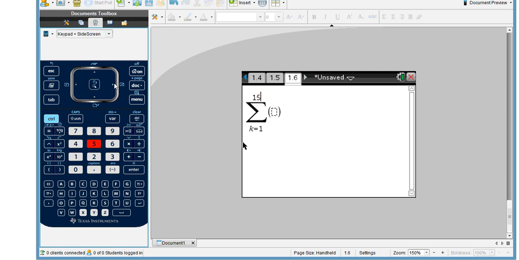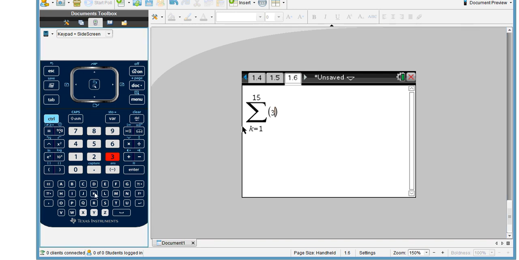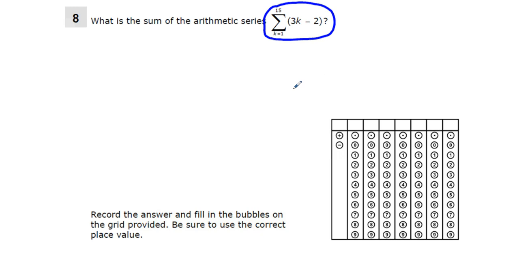And then go to the right here. We're going to have 3k minus 2. So we get 330. That's a lot better than just adding these up separately.